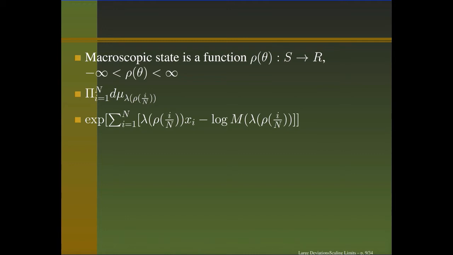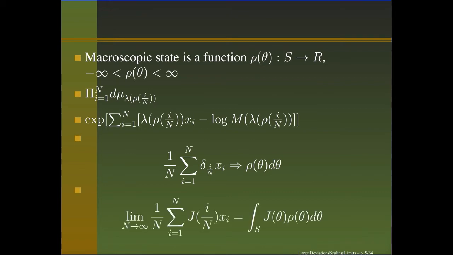And this one can check just by the law of large numbers: if you compute the macroscopic profile in this manner, you think of a function that varies only at macroscopic scale, a function j of i over n. You weight it with xi and take the average.